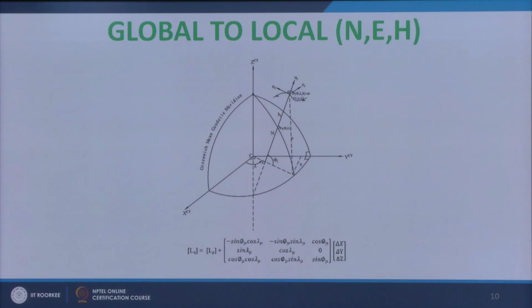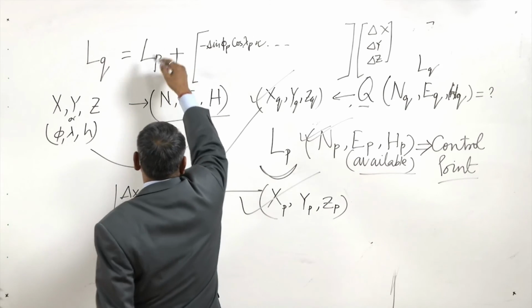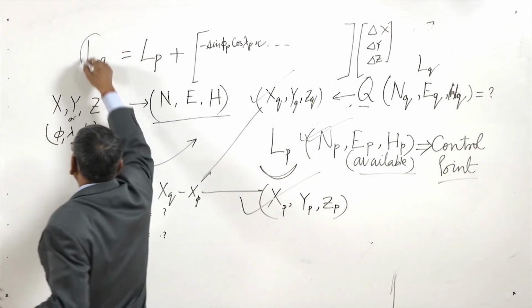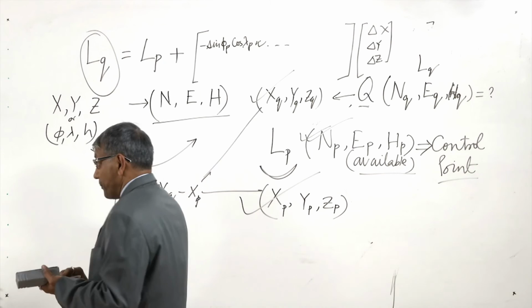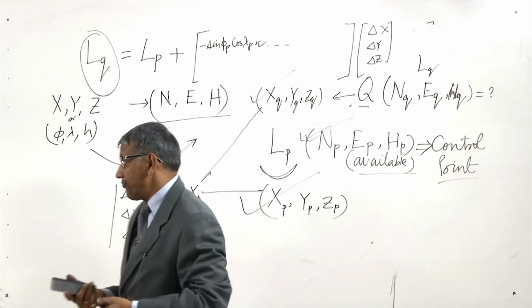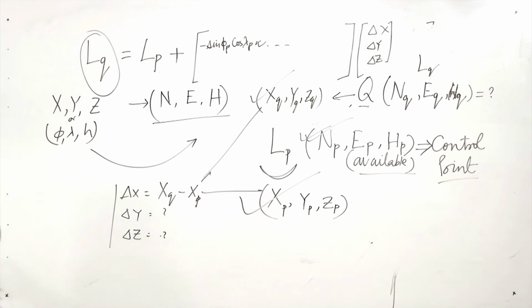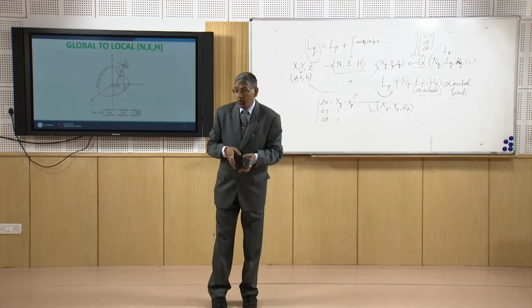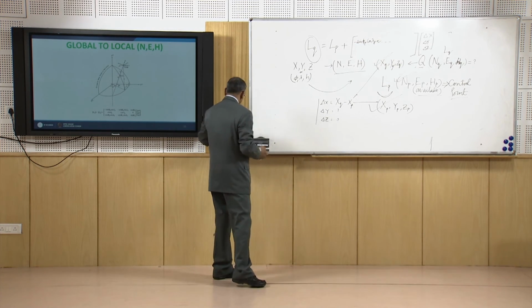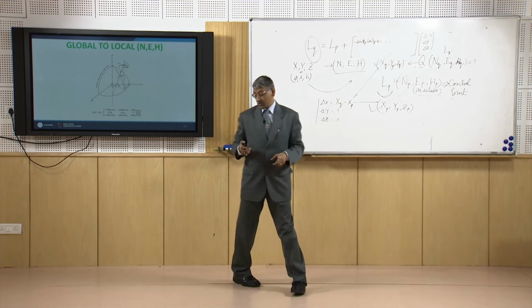So by multiplying this matrix with this matrix, we will get some value which has to be added with this, then we can get the local coordinate of the point Q. In this way we can go for conversion from global Cartesian coordinate from GPS observation to local northeast and height coordinate, to be useful for all engineering works.